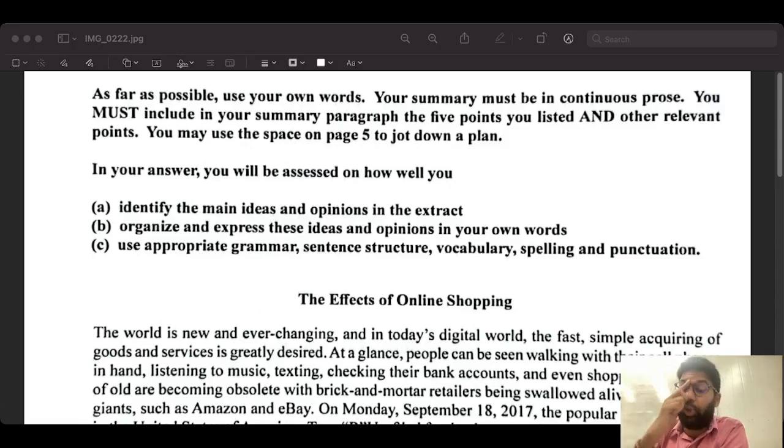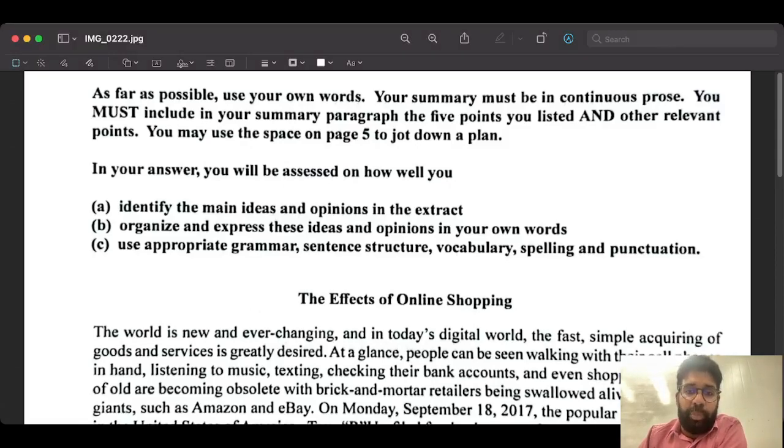Where you could use synonyms, use synonyms. Where you could use new phrases or different sentence construction, go ahead and change it up. Use appropriate grammar, sentence structure, vocabulary, spelling, and punctuation. Well, that is self-explanatory.